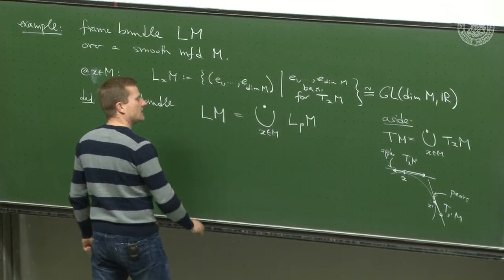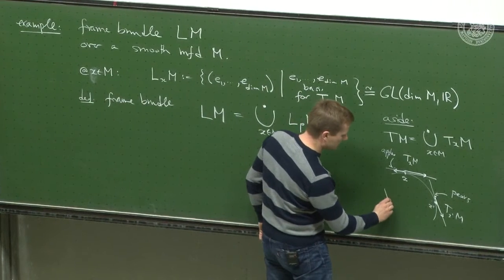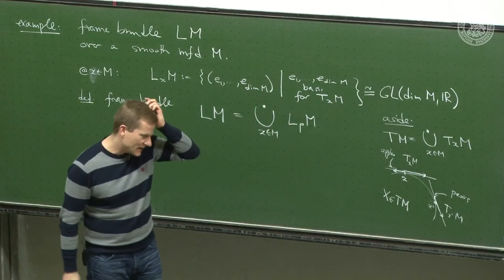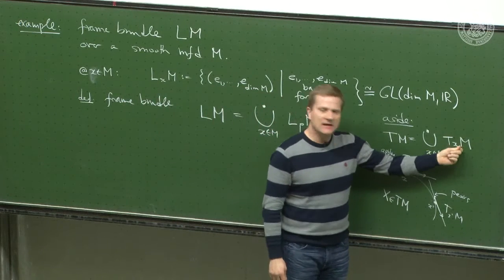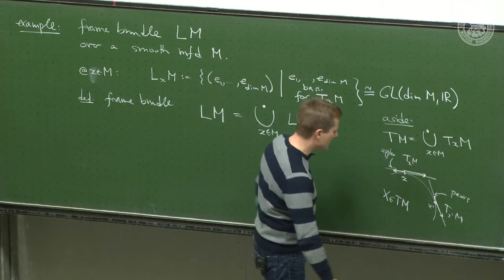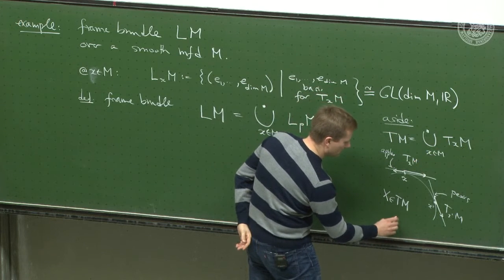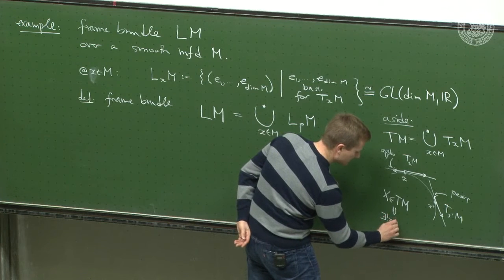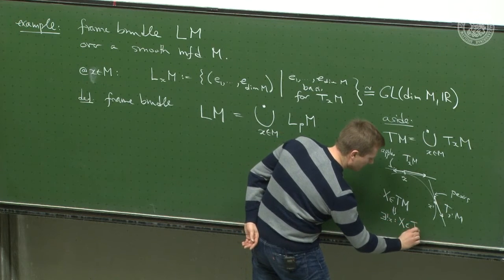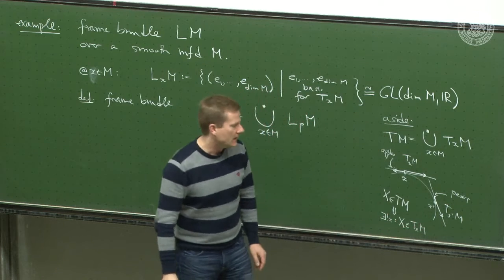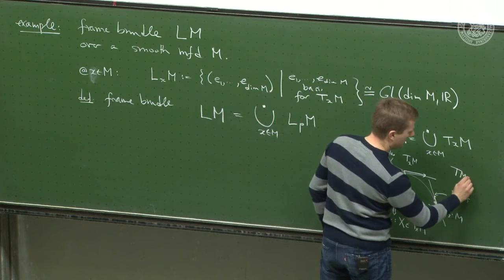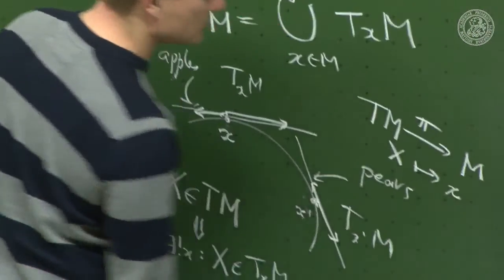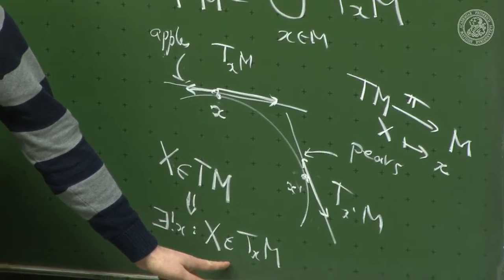So that means if I take an element X from the tangent bundle, it is a vector. Nevertheless, I always know there exists a unique x such that X comes from T_xM, and hence I can define a projection map that takes an X and assigns to it the small x, which is the base point where it comes from.